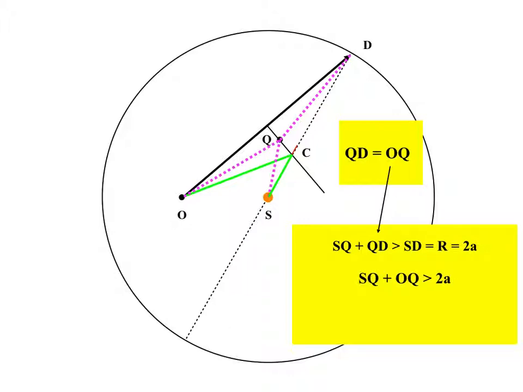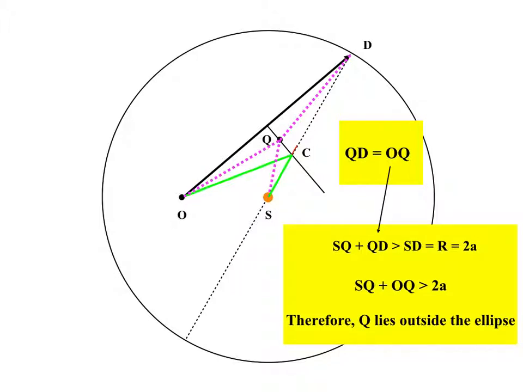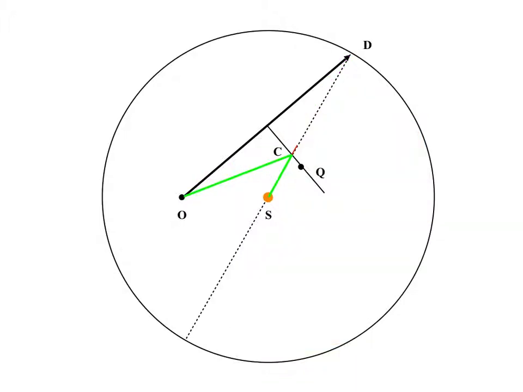And we thereby prove that SQ plus OQ is greater than 2A, which means that Q must lie outside the ellipse that we have just defined. It doesn't matter where we put Q. We can make the same argument to show that Q always lies outside the ellipse.